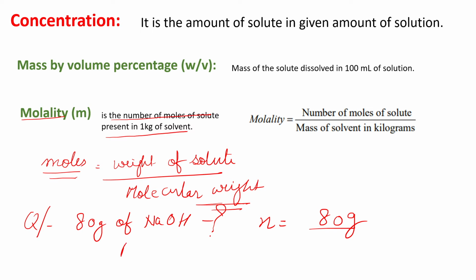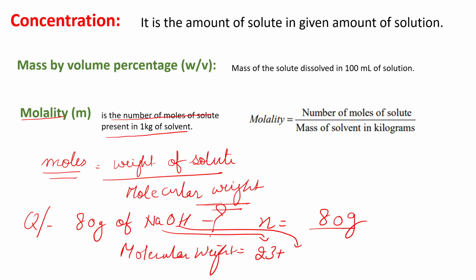What is the molecular weight of NaOH? Sodium has a weight of 23 plus oxygen has a weight of 16, hydrogen has a weight of 1. So 23 plus 16 plus 1 comes out to be 40 gram per mole.